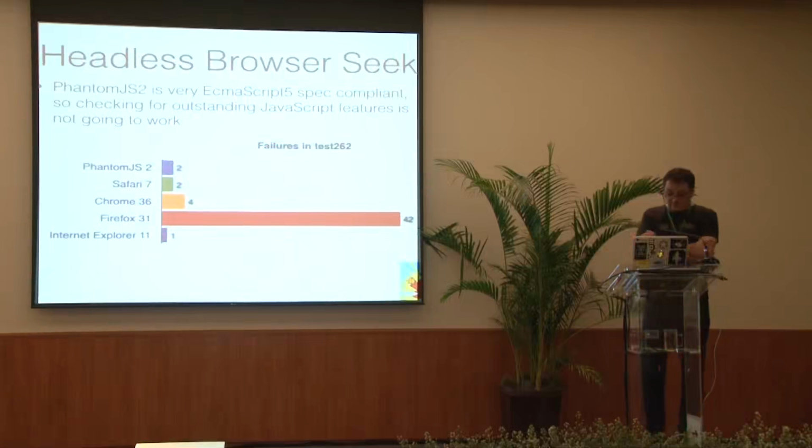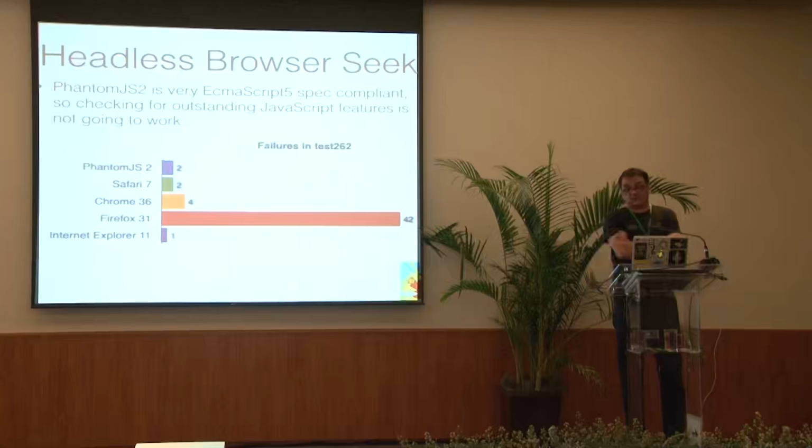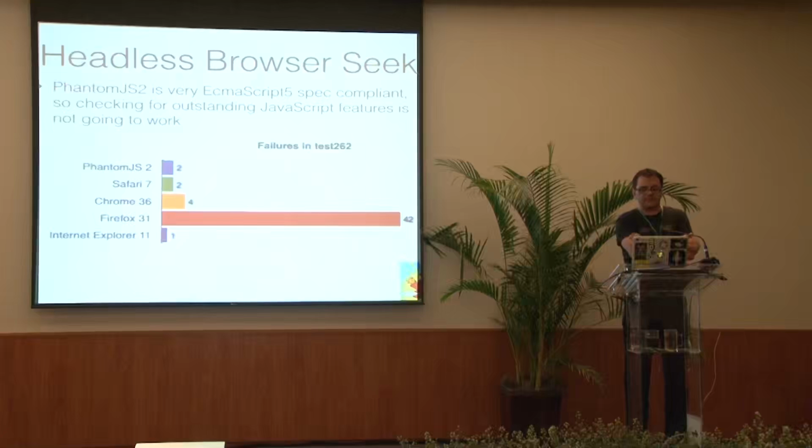Well, another observation is that, putting aside PhantomJS 1.9, which is the current stable, PhantomJS 2 is actually very, very ECMAScript 5 compliant. There is a set of tests called Test262.